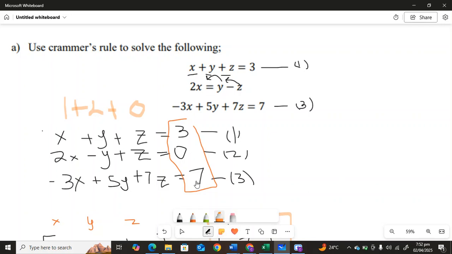Okay, you can check your answers, you just pick any equation that you want and plug in the values to see if it holds true. So in this case, it holds true. We've plugged into equation 1. 1 plus 2 plus 0 equals 3. Any questions?